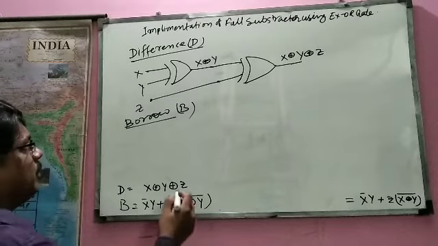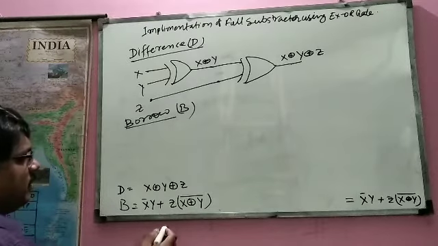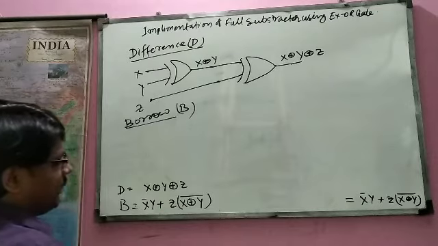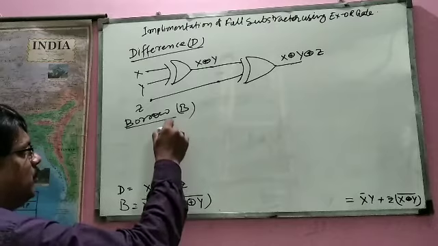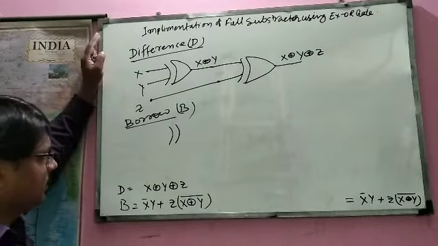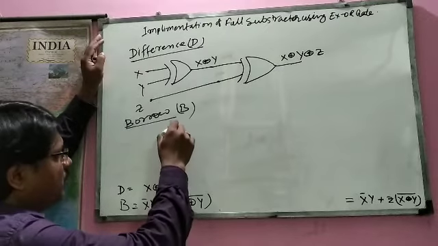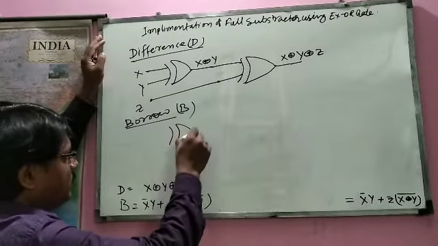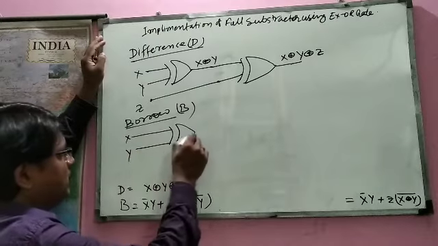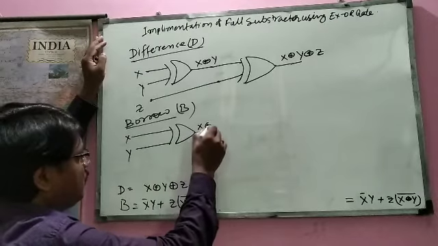So we need this x XOR y first. So okay, do it. x XOR y. This is x and this is y. So here it is x XOR y.